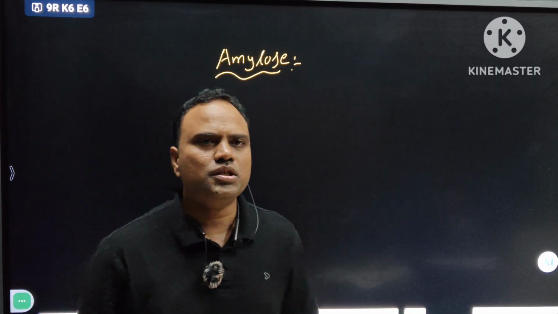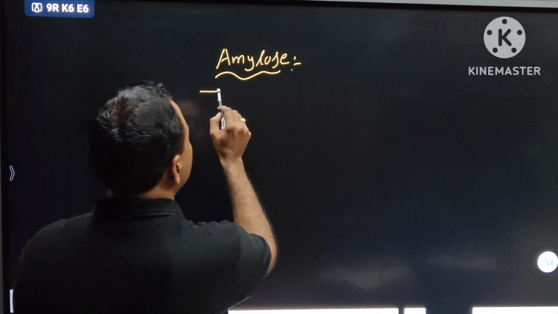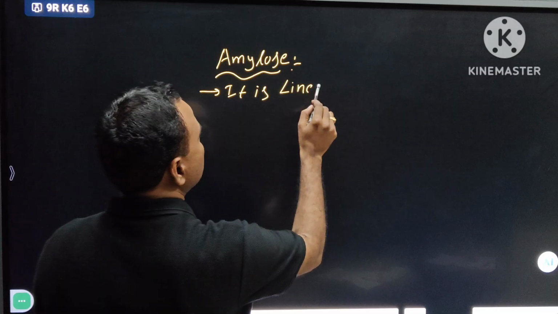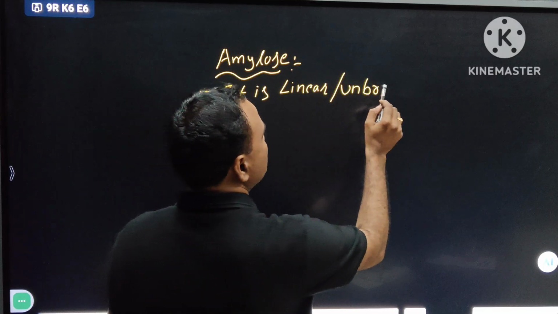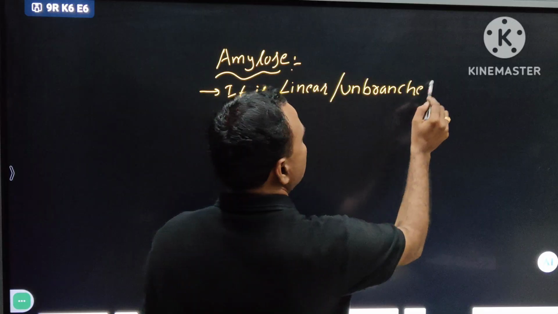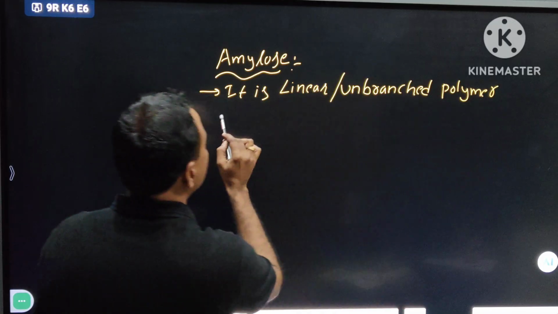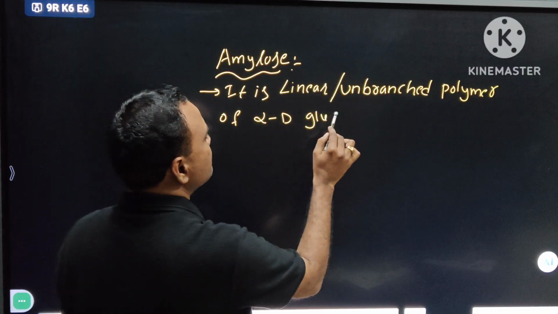Amylose is a linear or unbranched polymer of alpha D glucose units. First point, linear and unbranched.